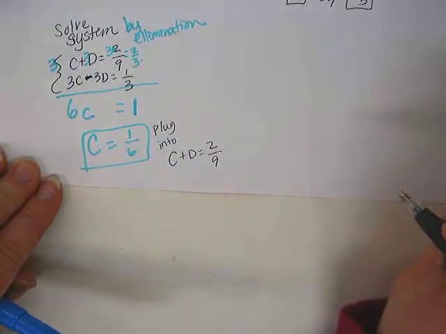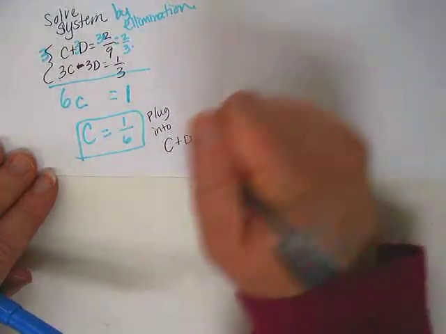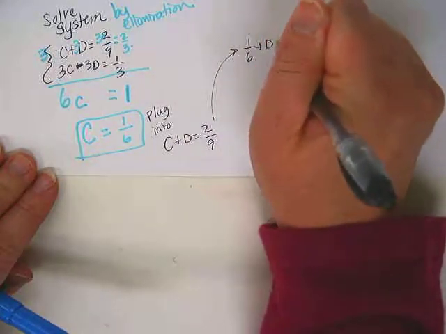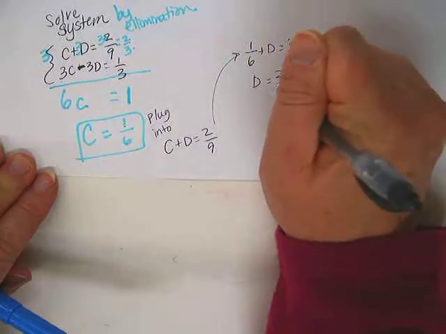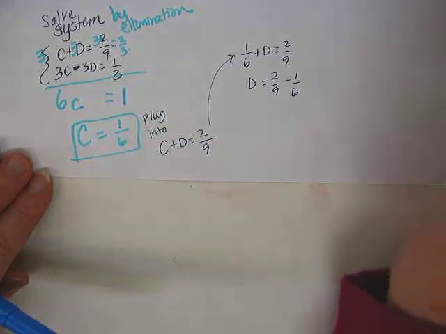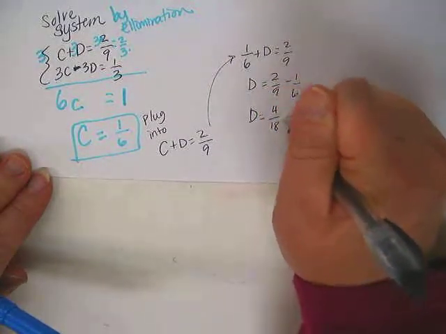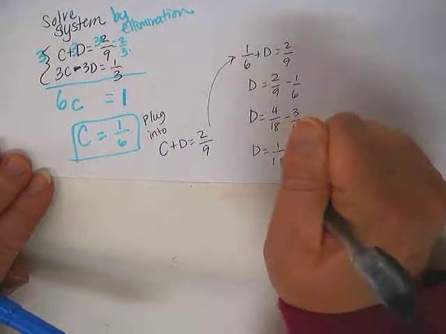I see all kinds of confused looks on your faces. Then you could just plug that in to here, into our c plus d equals 2/9, right? So that would be 1/6 plus d equals 2/9.